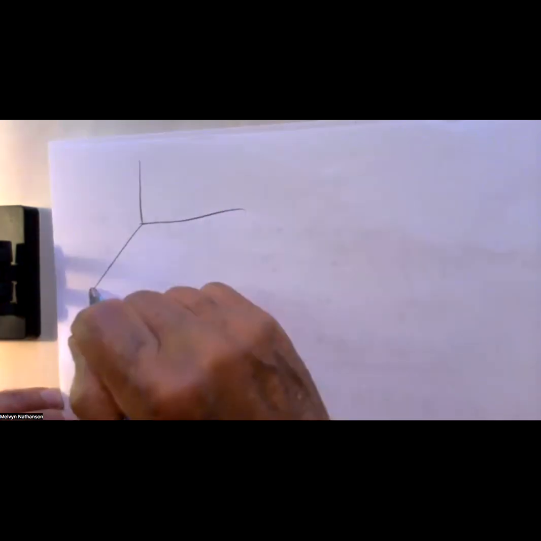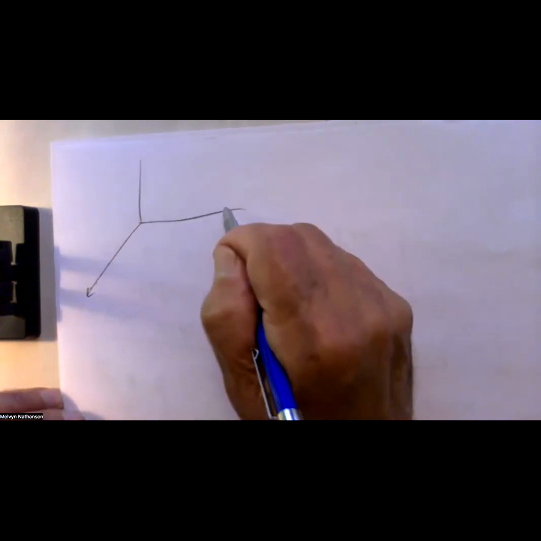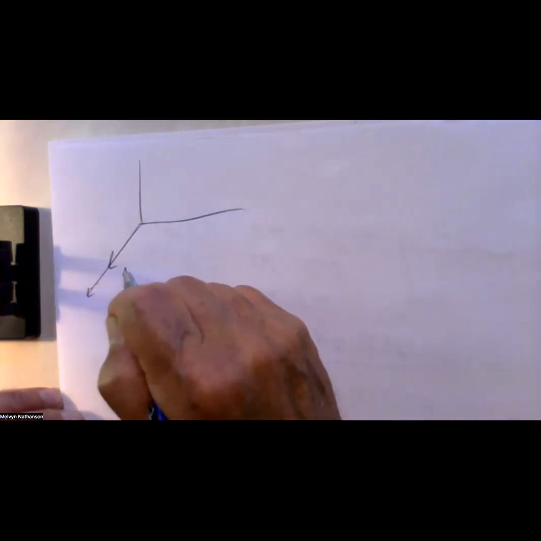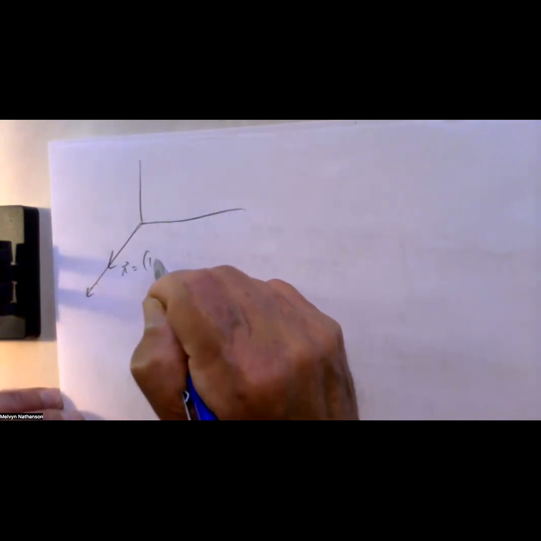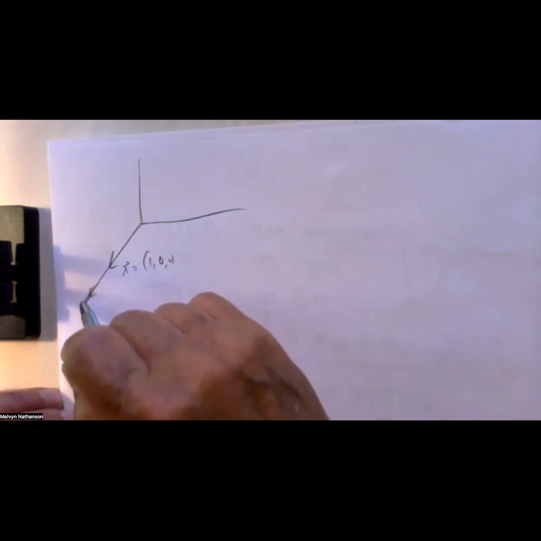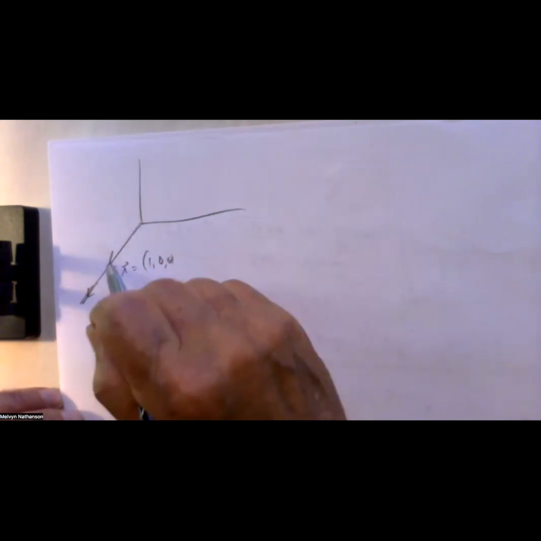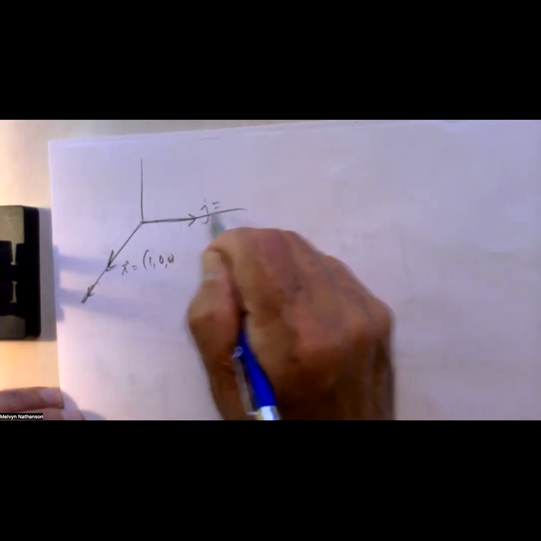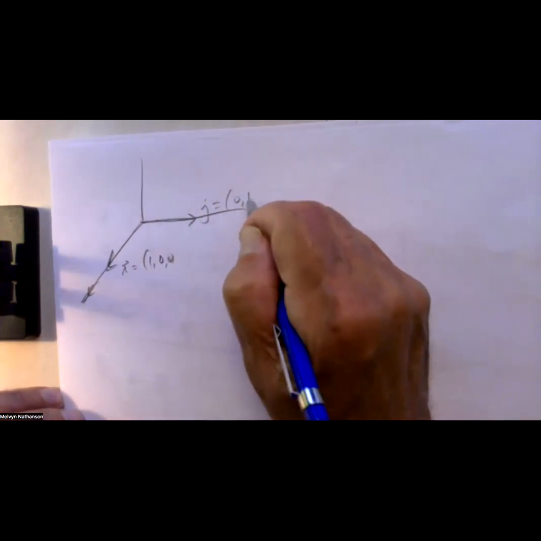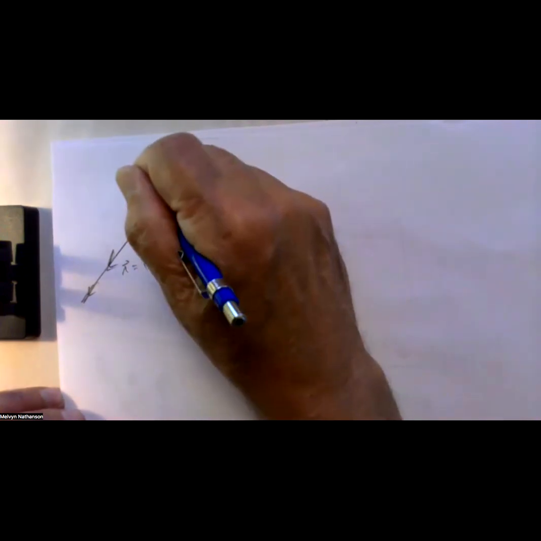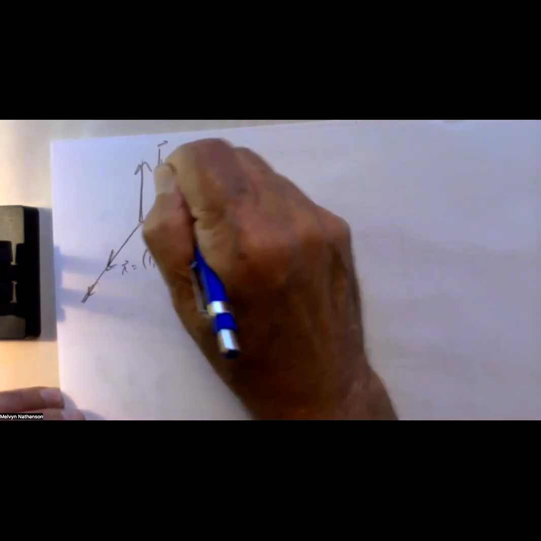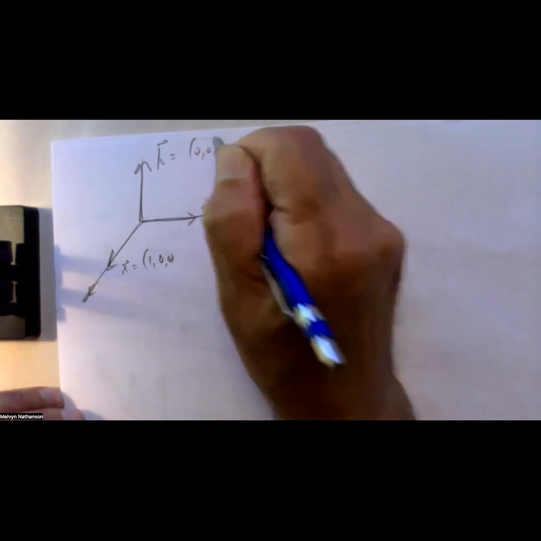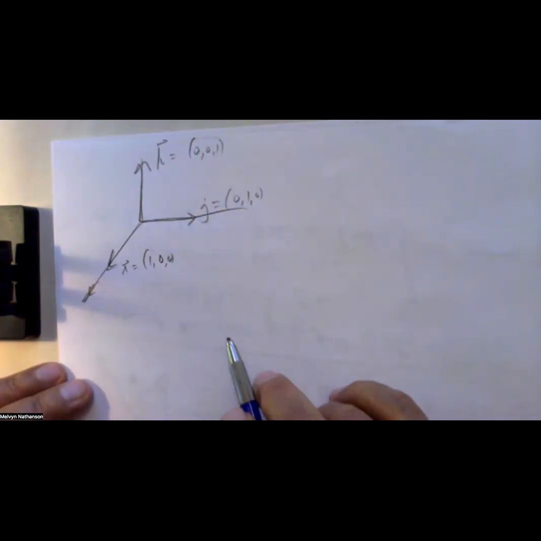So let's start with unit vectors in the x, y, and z directions. So we have the vector i, which is 1, 0, 0. That's in the x direction of length 1. The vector j is a unit vector in the y direction, 0, 1, 0. And the vector k is a unit vector in the z direction, 0, 0, 1.